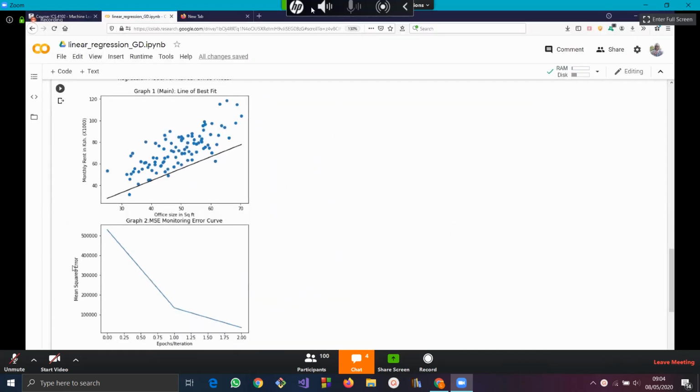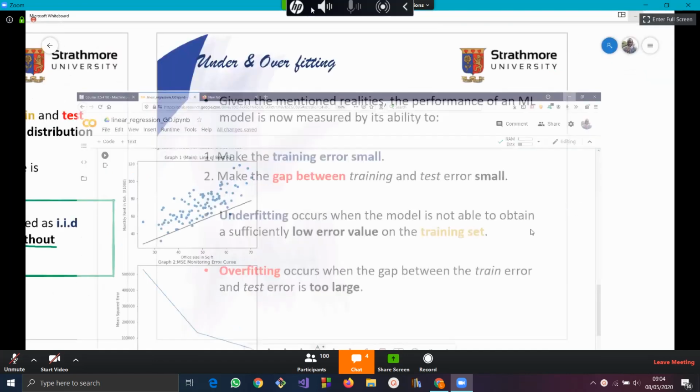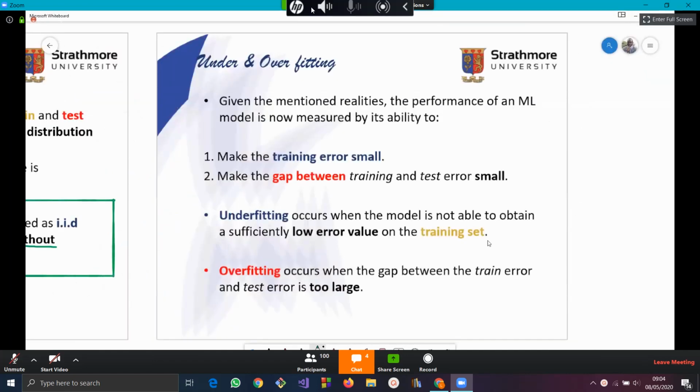When we started this iteration, the error was somewhere around 500K, and we were able to reduce the error. If the error is improving, we say that model is doing well. So those are the two things that we aim at.